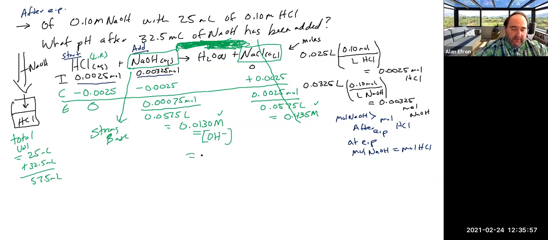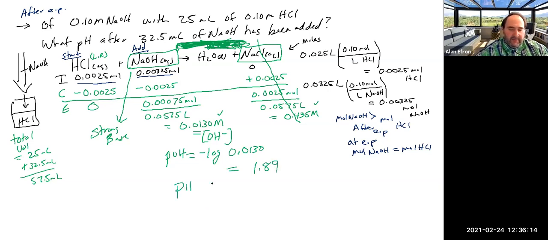That means we could go into our pOH, and we will end up with a pOH of minus the log of 0.013. We'll call it 1.89 on the pOH.